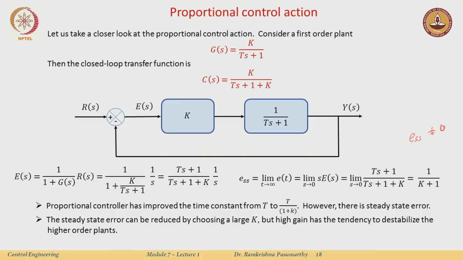Now, just by observing this, I could say that my steady state error can be made smaller and smaller by increasing the value of the gain k. But this may not always be practically possible or even desirable, because I might amplify unwanted signals and so on, right. In some cases of higher order plants, which I will show you an example, increasing the gain could also have the tendency to destabilize the system, right.